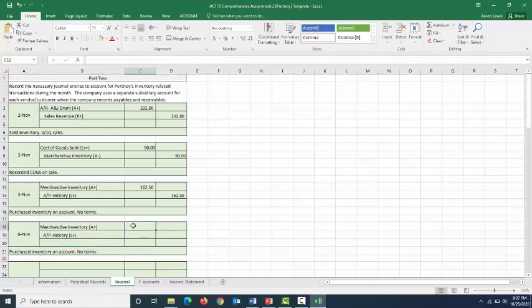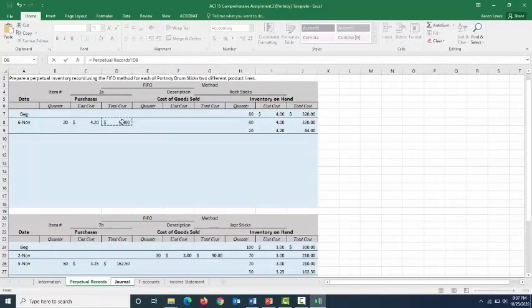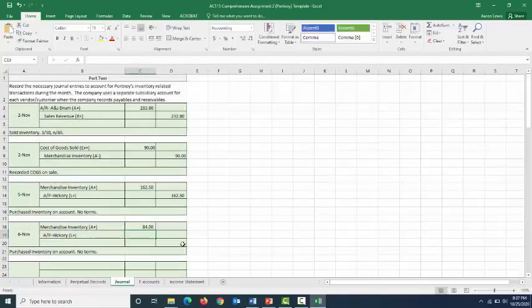How much was the inventory value that we purchased? Well, we just figured that out. It was $84. So we can bring that number down. And our debits have to equal our credits, so we can say equals and grab that debit number as well. $84 a piece. 3 transactions down.